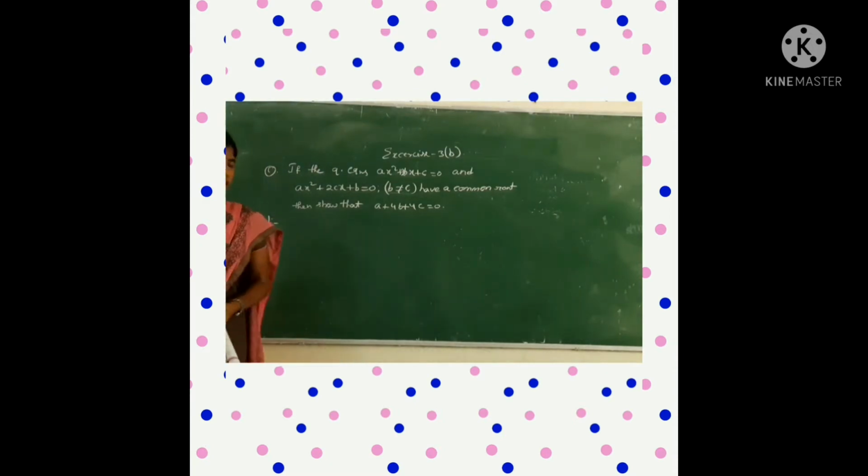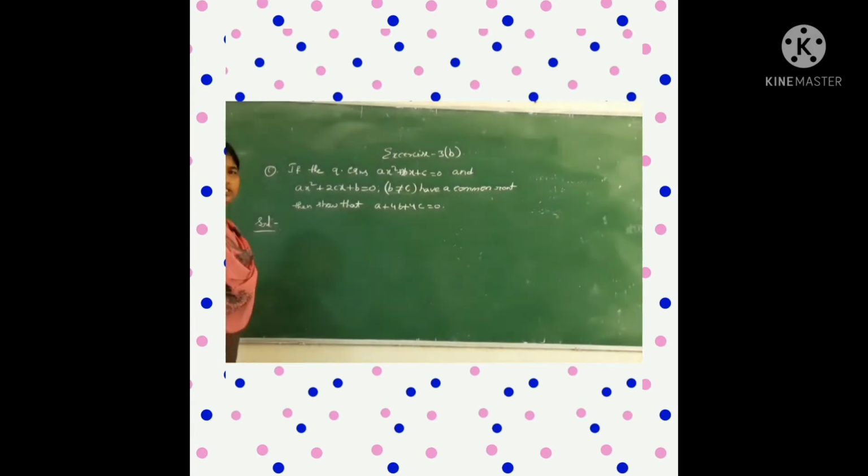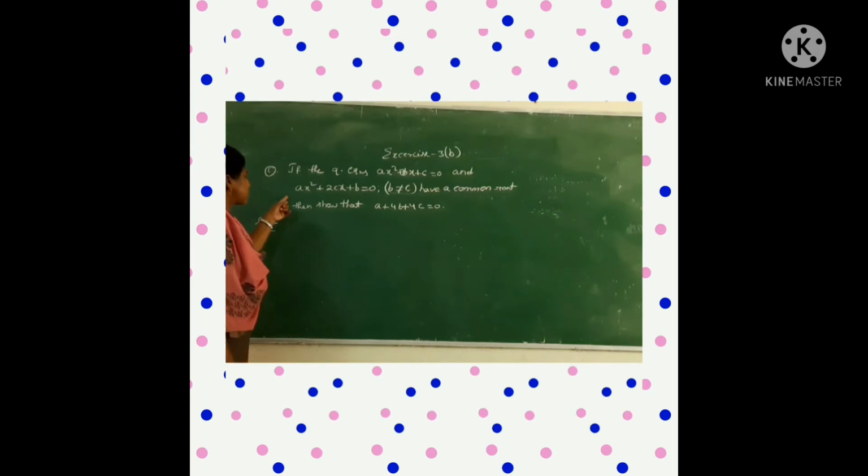First read this sum. We are given the quadratic equations ax square plus 2bx plus c is equal to 0 and ax square plus 2cx plus b is equal to 0. Here two equations are given.